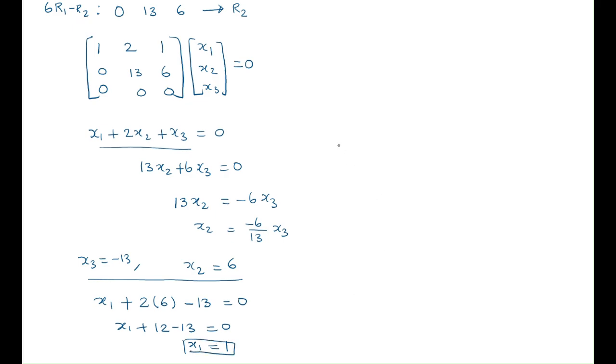Therefore, the eigenvector corresponding to eigenvalue lambda equal to 0 is 1, 6 and minus 13.